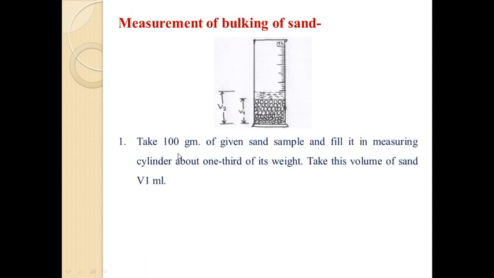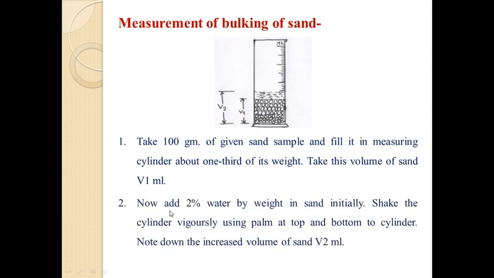First, take 100 grams of the given sand sample and fill it in the measuring cylinder, about one third of it, and note this volume of sand as V1 ml. Then add 2% water by weight of sand initially.